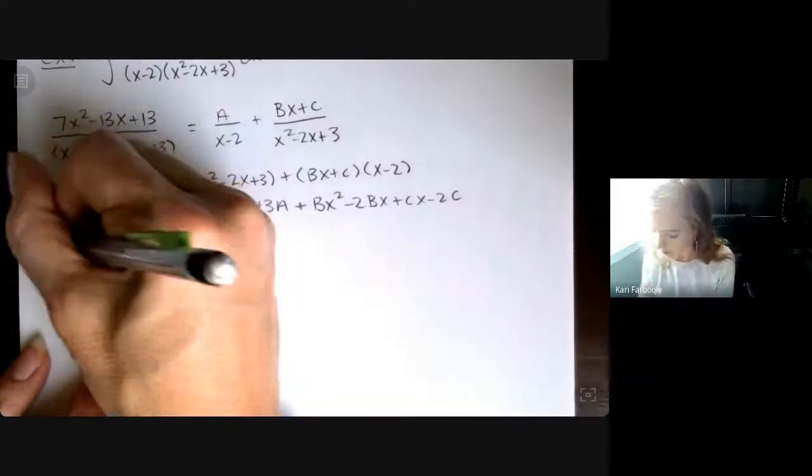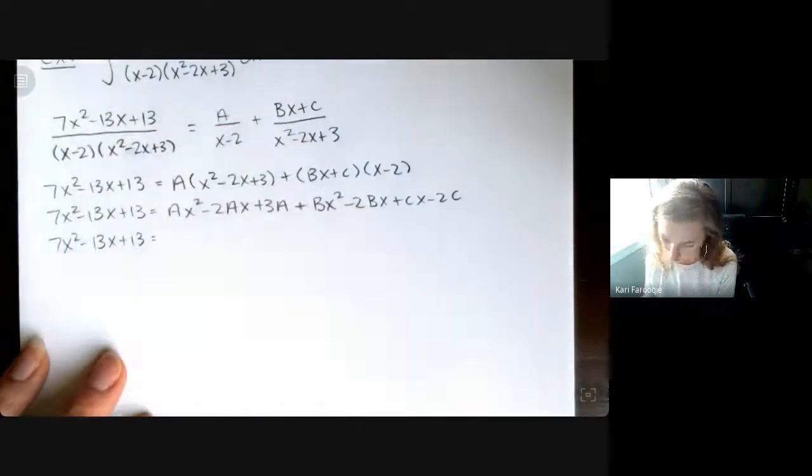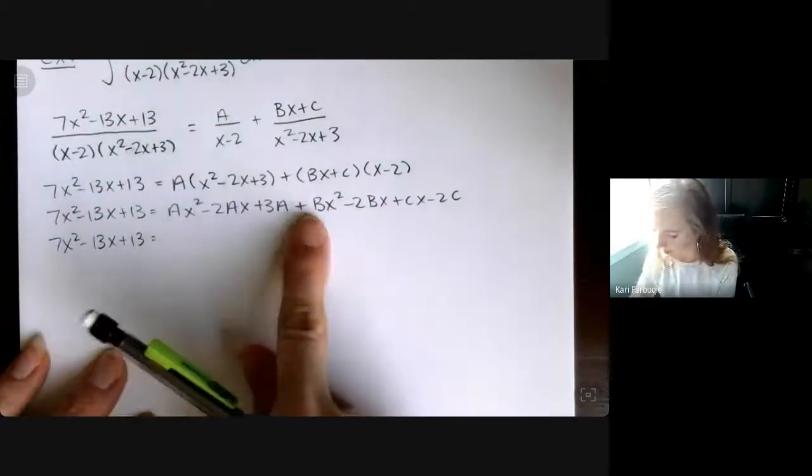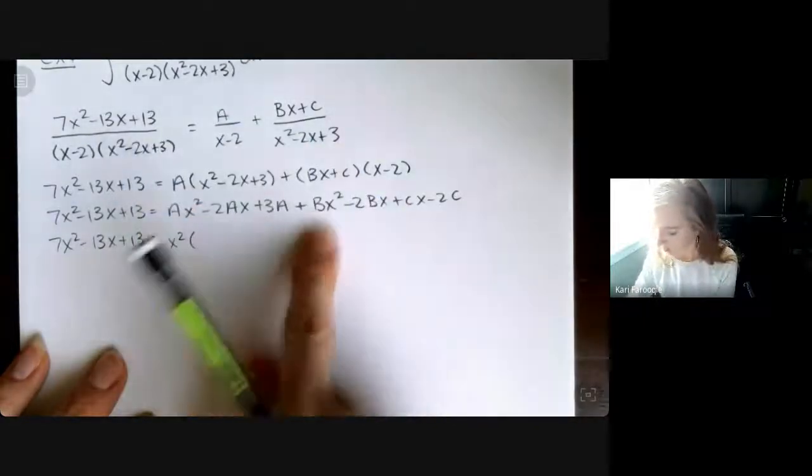All right, I'm going to now set the powers of x together. The highest power I have is x squared. Well, I have an Ax squared and a Bx squared.